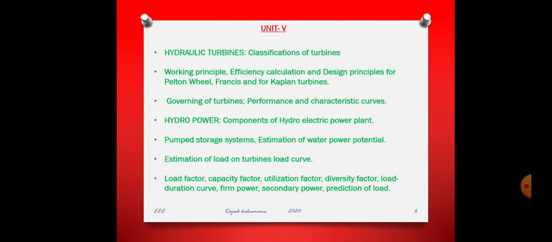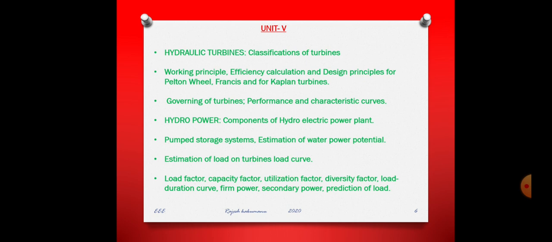These are small definitions, but in this unit you majorly come across a problem and a theoretical question. What is the theoretical question? What is the layout, or draw the layout of a hydroelectric power plant and describe the definitions.